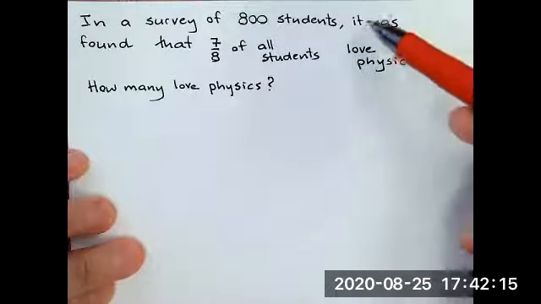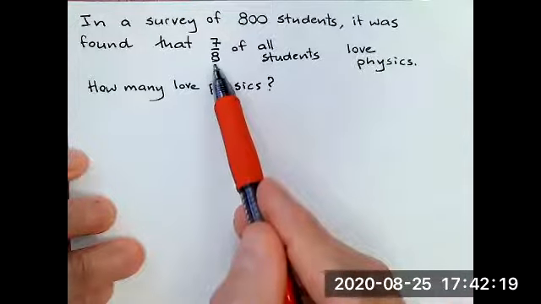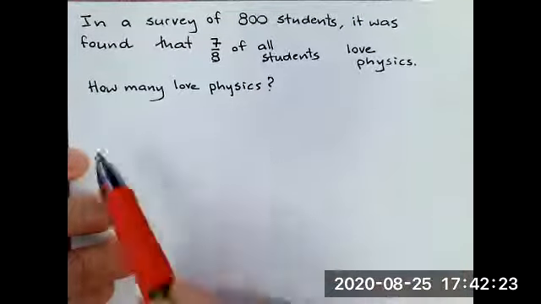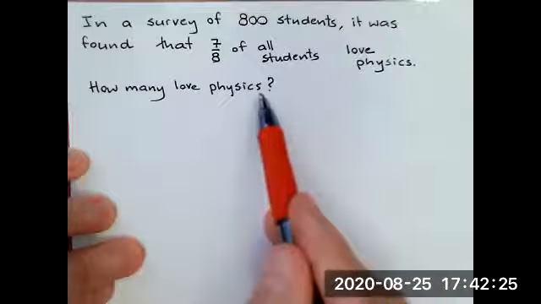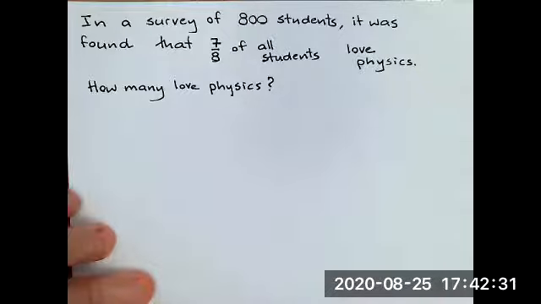In a survey of 800 students, it was found that 7/8 of all the students love physics. How many love physics? So this would be a good moment to hit pause and try it on your own. And the first thing you want to ask yourself is, which part of this do I translate?